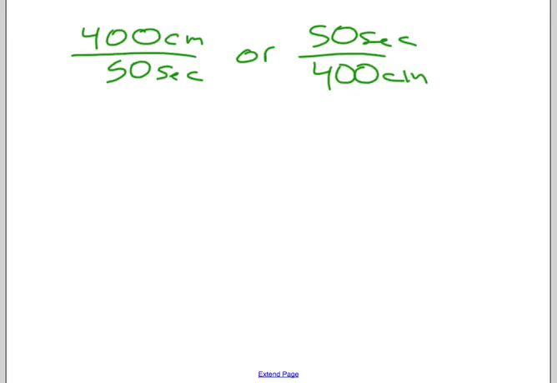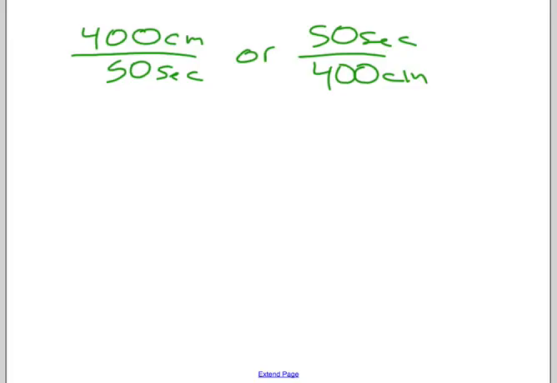Alright, so here's our two rates. This tram's traveling at 400 centimeters per 50 seconds. If you reduce that by half, 400 reduced by half is 200.